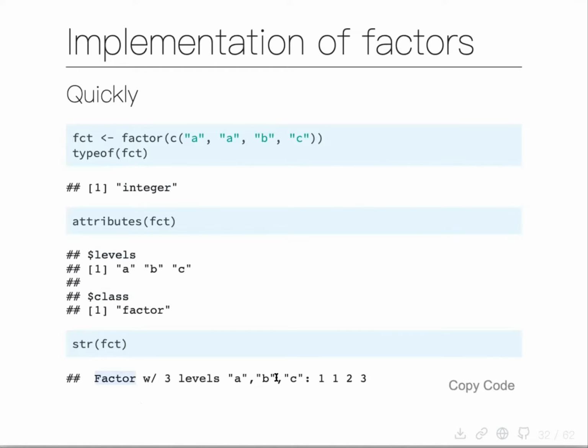Those levels are A, B, and C. Then we get a colon, and it gives us the first couple of values from that vector. Notice those values are the integers. So the levels are associated with the integers in the order that they're shown in the levels. This is associated with integer 1, this with integer 2, and this with integer 3.